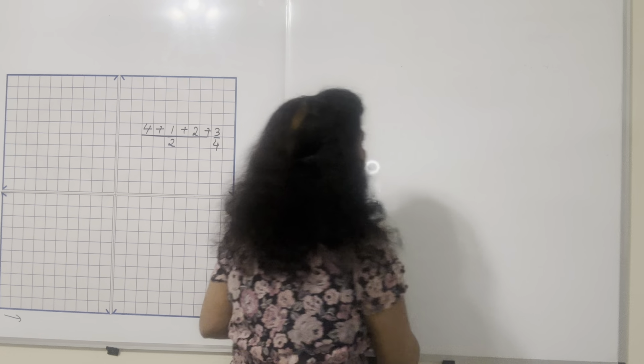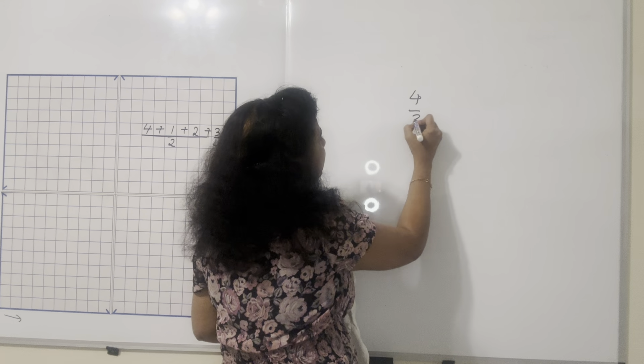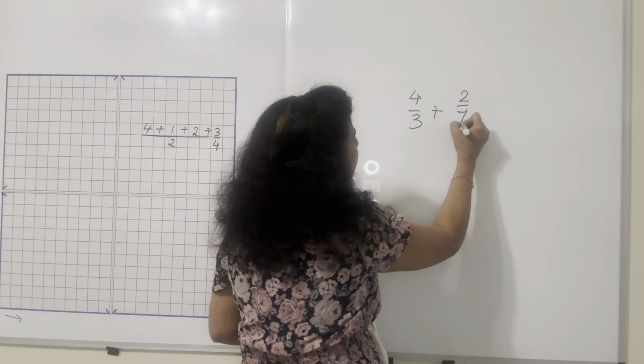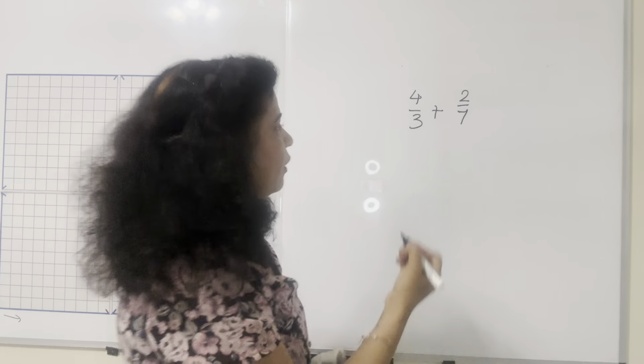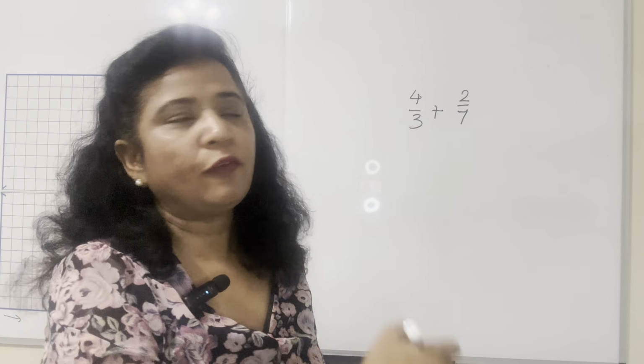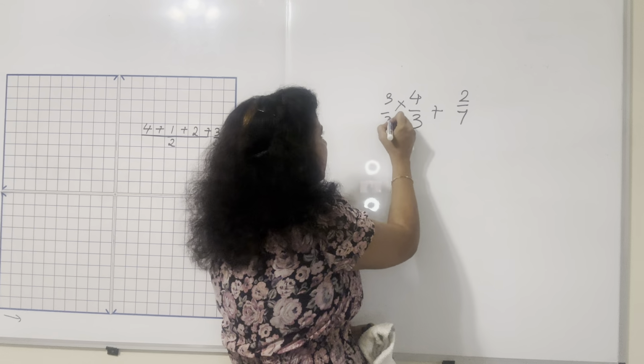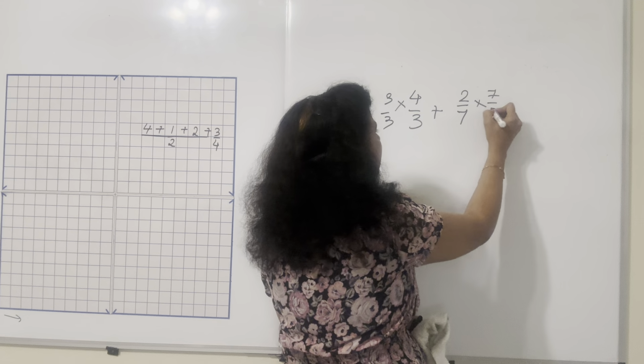4 by 3 plus 2 by 7. Now here, if you have to make the same denominator, you have to multiply by 3 on this side, both sides, and 7 on both sides.